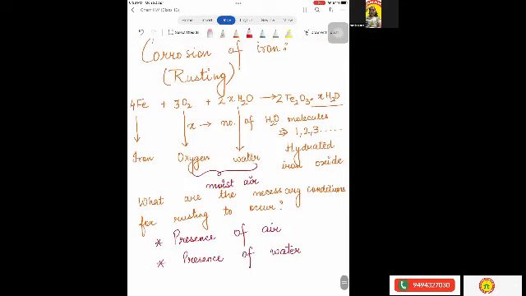Then the next we have to study is the corrosion of copper. You must have heard from your parents, or observed yourself in everyday life, that copper turns green if we keep it for some time in air and moisture. Why does that happen? Because of the corrosion of copper.